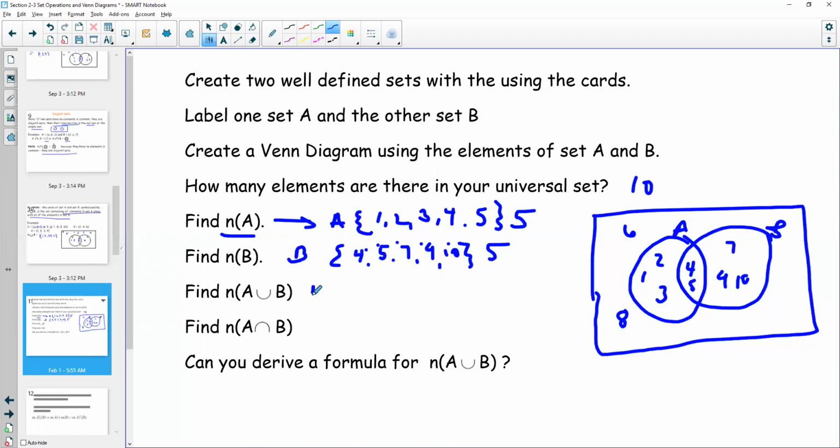Well, I'd have 1, 2, 3, 4, 5, 7, 9, 10. So how many? It asked me for N, right? Number. 1, 2, 3, 4, 5, 6, 7, 8. There's 8 things in there. And then how many things are in the overlap in the center section? Well, it's just 4 and 5.